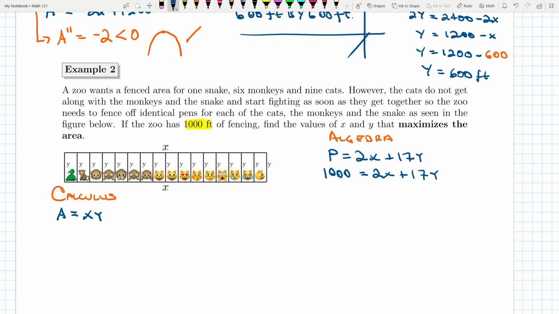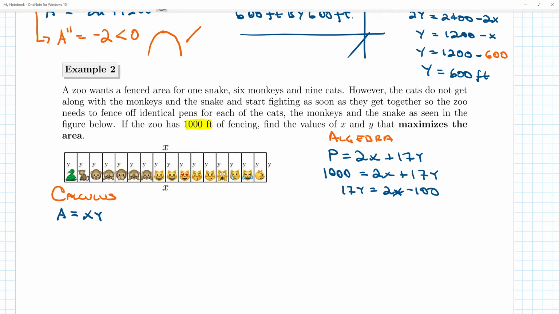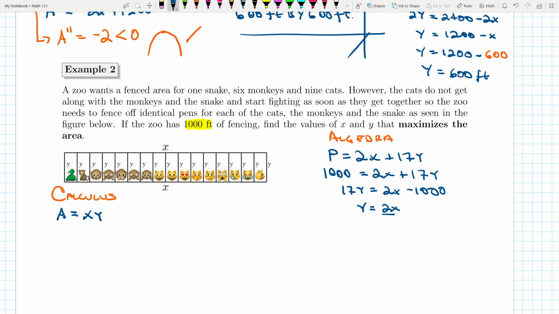So let's see, 17y equals 2x minus 1,000, and divide both sides by 17, which is going to give us y equals 2x over 17 minus 1,000 over 17.